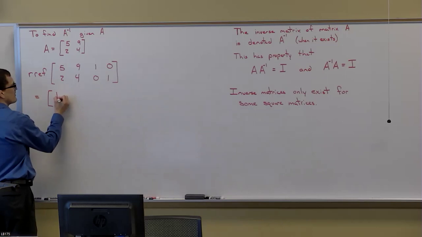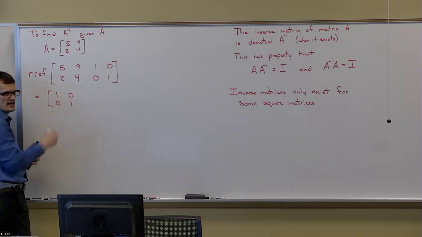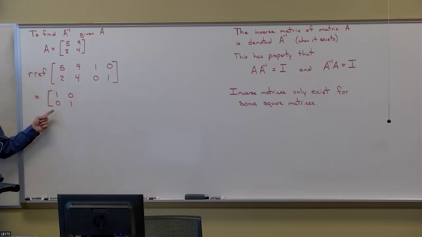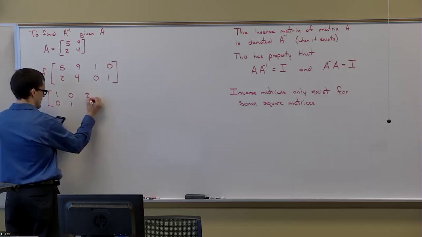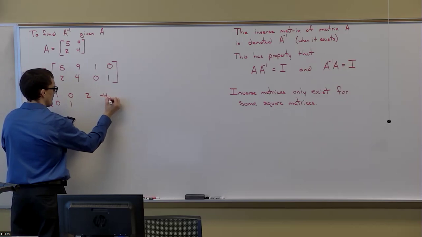What you'll get, hopefully, is the identity matrix now in the first two columns. And then in the second two columns, you'll get this other thing.